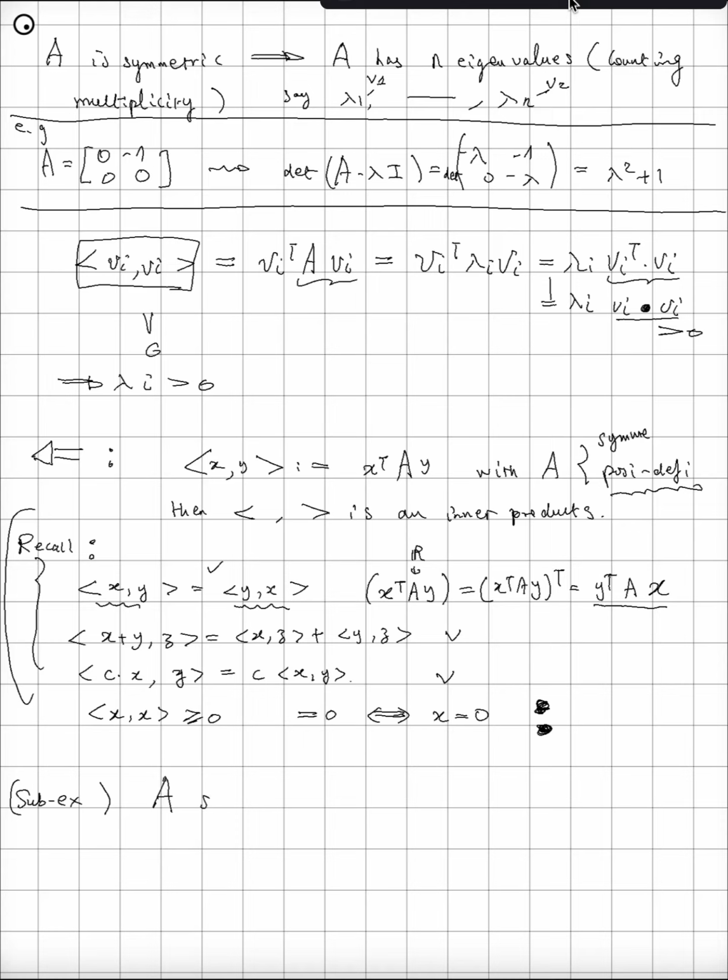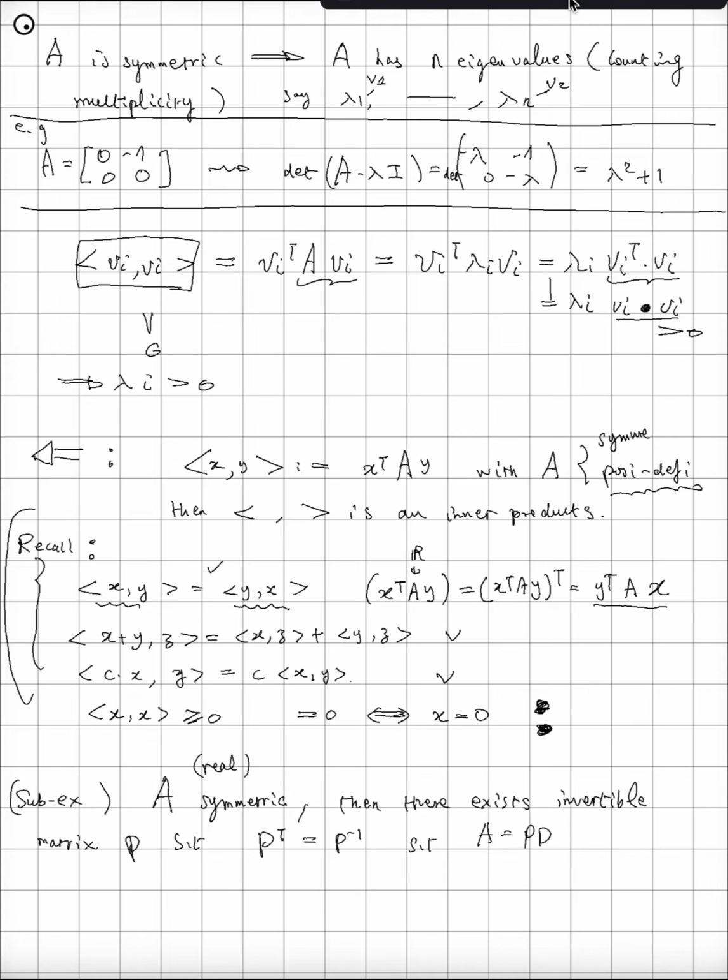So if A is symmetric, I mean real symmetric, of course, then there exists an invertible matrix P such that P inverse equals P transpose, such that A equals PDP transpose, instead of PDP inverse.